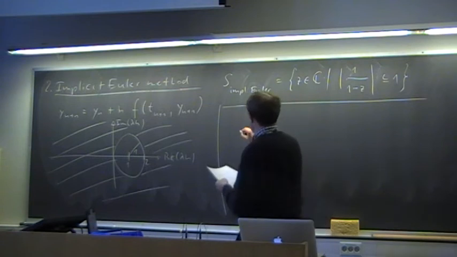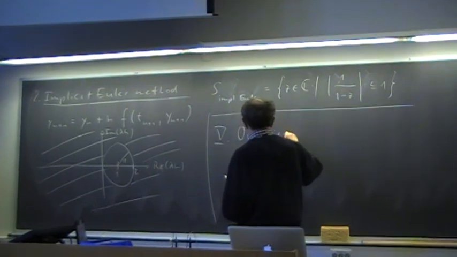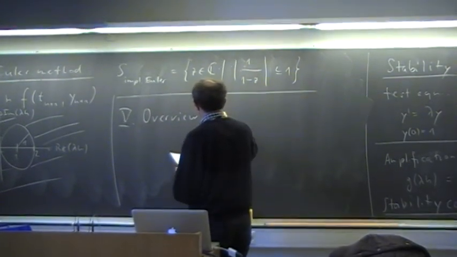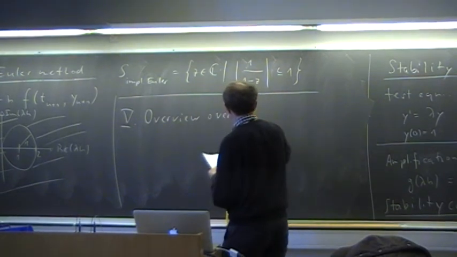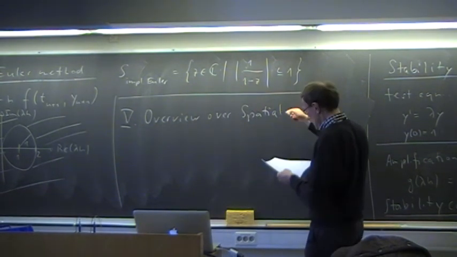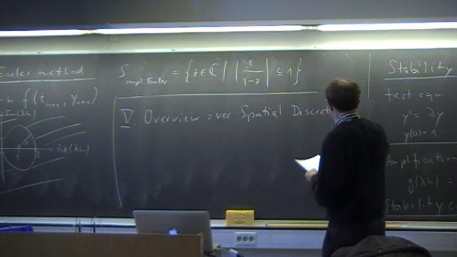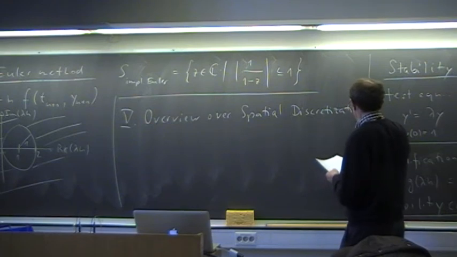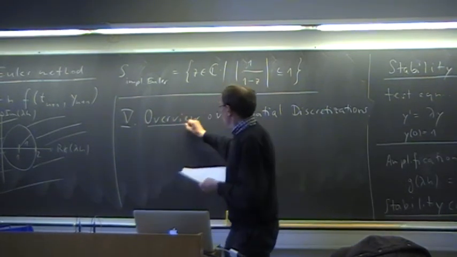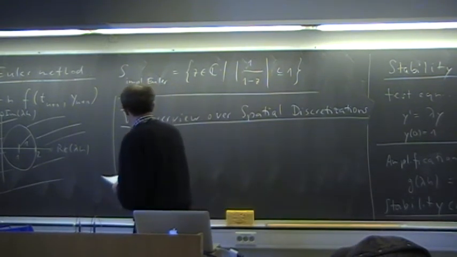The next chapter, where we entered the spatial discretization, was an overview over spatial discretizations. So after looking at only time discretization, we looked at spatial discretizations. And there the focus has been on the finite difference method, clearly.